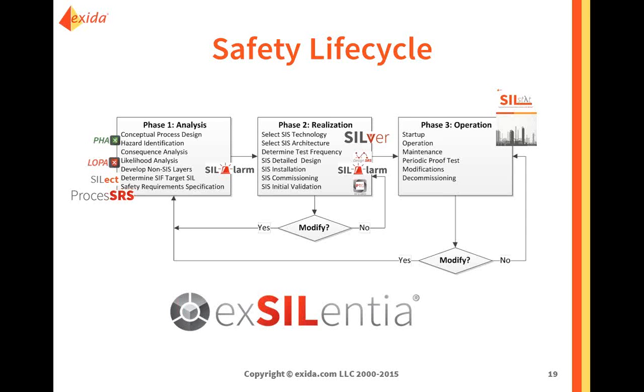It does the process hazard analysis, the layer of protection analysis, and SIL selection, the safety requirement specification, and we split that up into a process SRS and a design SRS, a SIL verification module, proof test generation or proof test definition for use later on, as well as alarm rationalization. So those are all tools that tend to be used in the early phases of the lifecycle, analysis and realization.